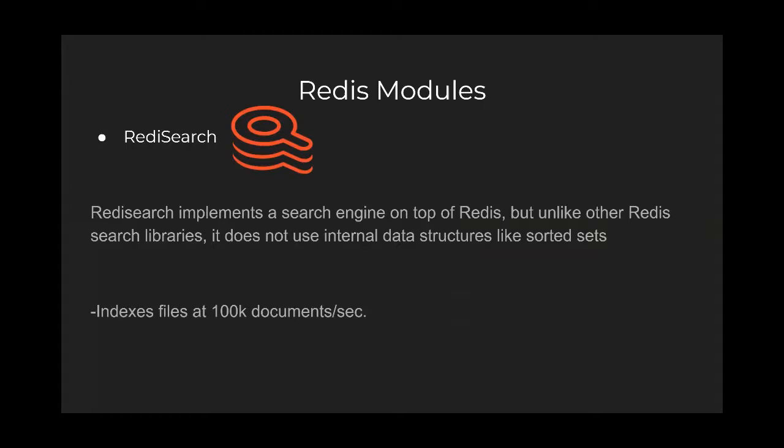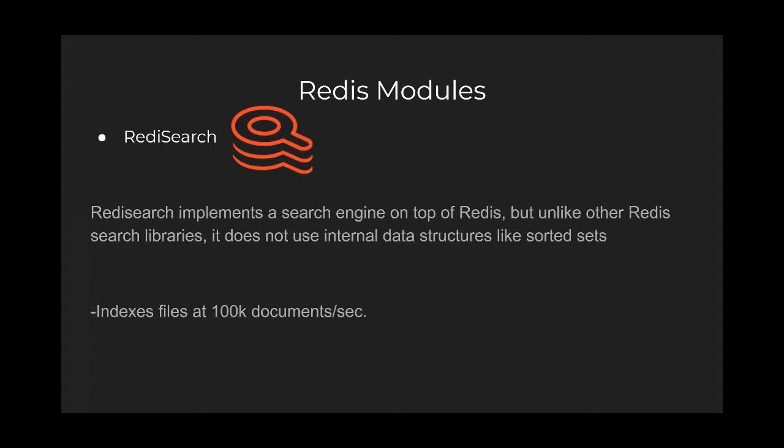So Redis Search implements a search engine on top of Redis, but unlike other Redis search libraries, it does not use internal data structures, such as sorted sets. This enables more advanced features like exact phrase matching and numeric filtering for text queries that are not possible or efficient with traditional Redis search approaches.